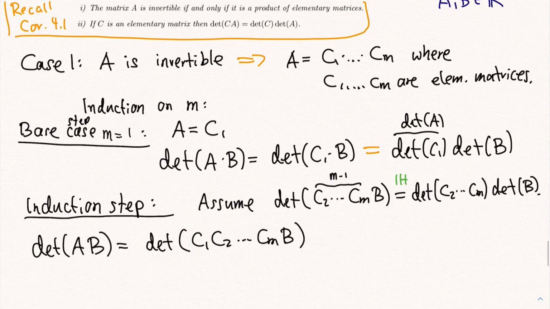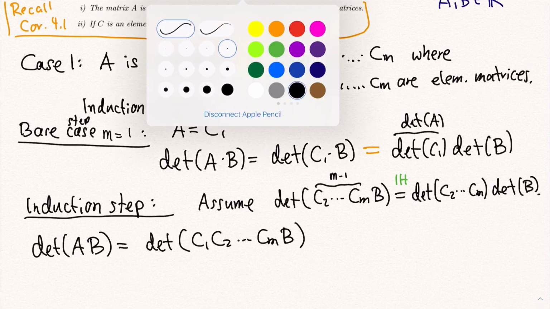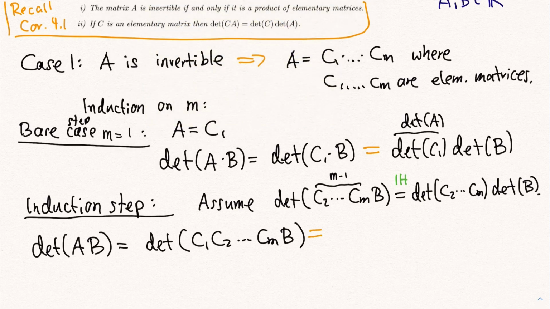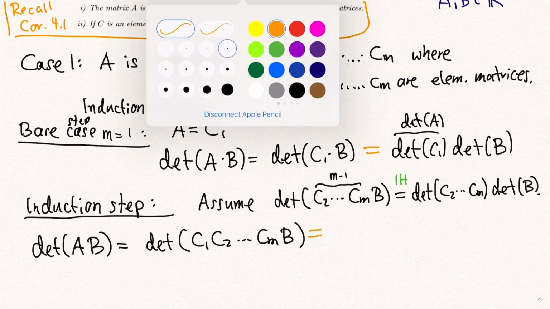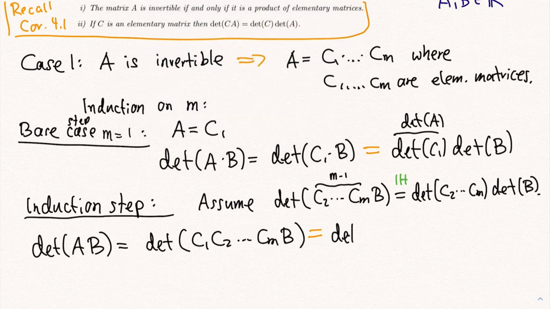And we know that for the determinant of some matrix with an elementary matrix, we can take the product of these determinants. So this is again the corollary. So this is the determinant of C1 times the determinant of this matrix here, C2 up to Cm times B.